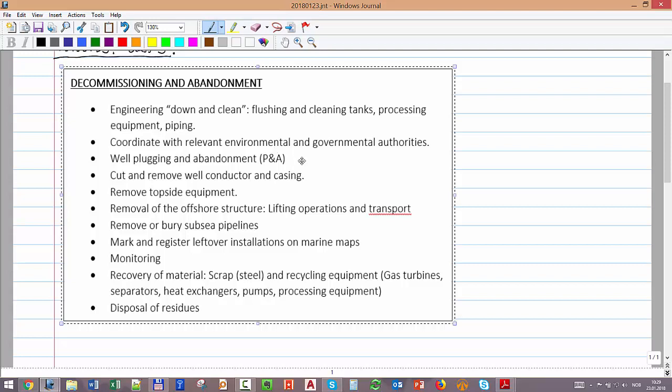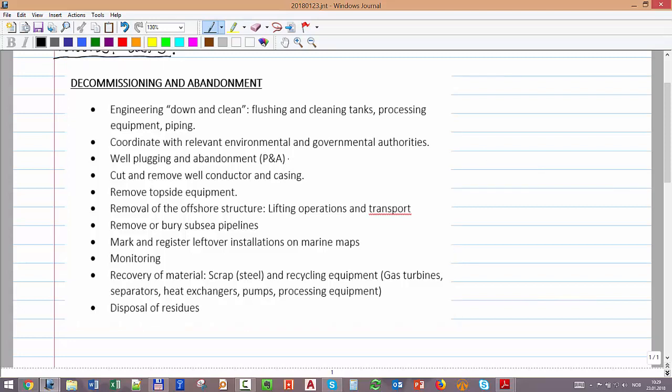Then one of the main activities, which is extremely expensive and extremely time consuming, is well plugging and abandonment. I can't just close a valve in the Christmas tree and forget it. I actually have to create a barrier in the well, so that I guarantee there will be no leakage of hydrocarbon whatsoever to the environment.